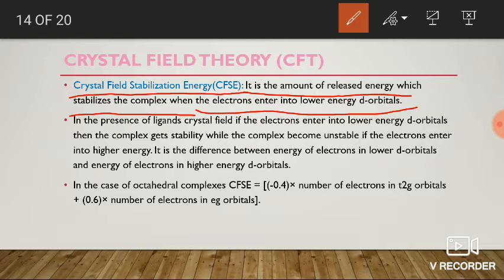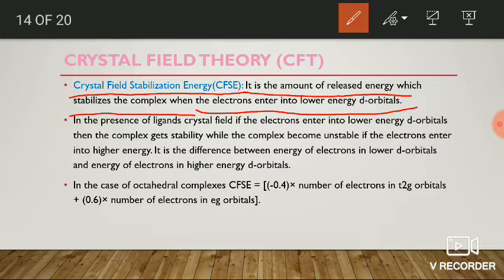If the electrons enter into lower energy d orbitals, then the complex gets stability by that amount of energy. If the electrons enter the higher energy level, then the complex gets destabilized by that energy. So the minimum amount of energy which stabilizes the complex by entering the electrons into lower energy levels is generally known as crystal field stabilization energy.